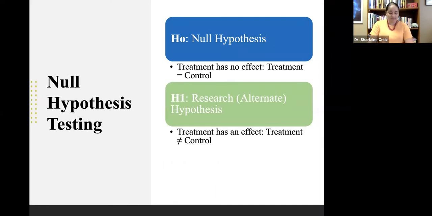So let's get started. One of the first things that I would like to talk about today is the null hypothesis testing. And what do I mean by null hypothesis? Whenever we are trying to test data, whenever we are trying to look into a review or a prediction of data. So for example, if I were to say when A happens, B will occur, we're thinking about a prediction, right?